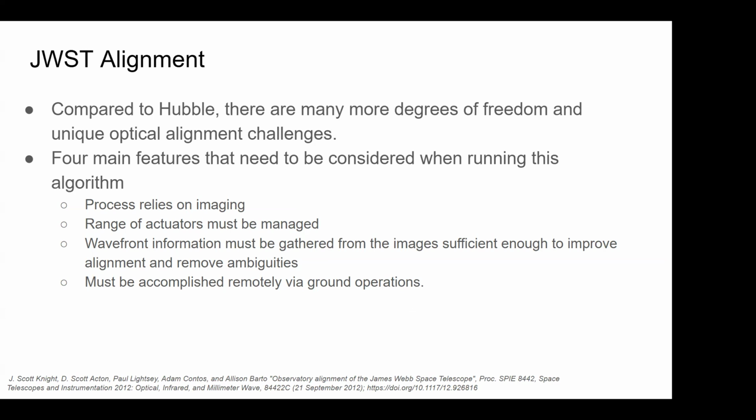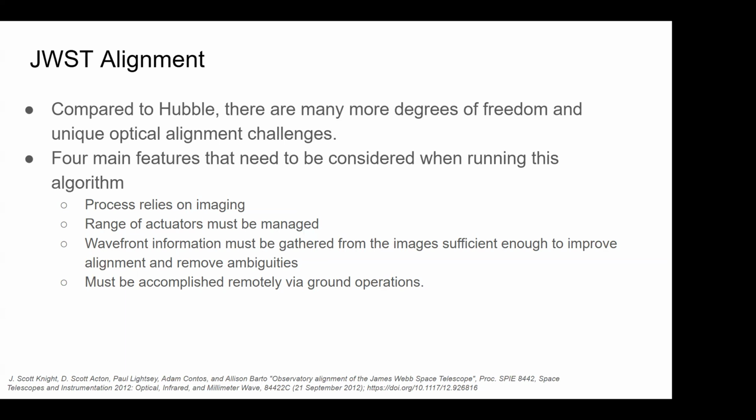They need to make sure, similar to Hubble, that their range of actuators are managed and within that allotted movement that they can do. And then they want to be able to gather sufficient wavefront data to remove any sort of ambiguities between, like, the segment and mirror, this primary and secondary misalignment, things like that. And then they want to make sure that all of this is accomplished remotely via ground operations.